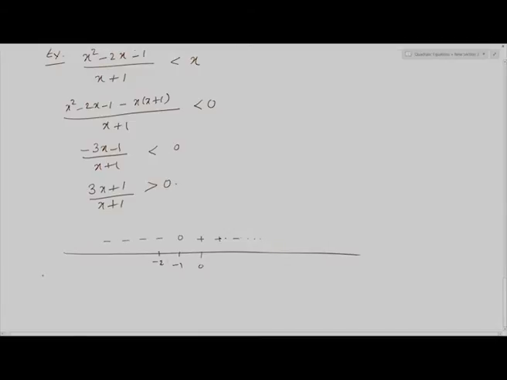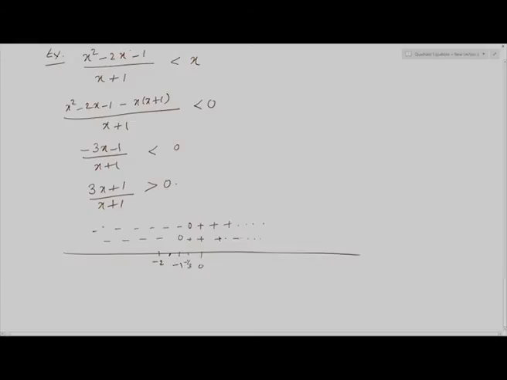Here all plus signs, remember. Now minus 1 by 3 is here, and on top of the minus 1 by 3 you put the 0, and then on the right side of that put the plus signs, on the left side you put the negative signs.